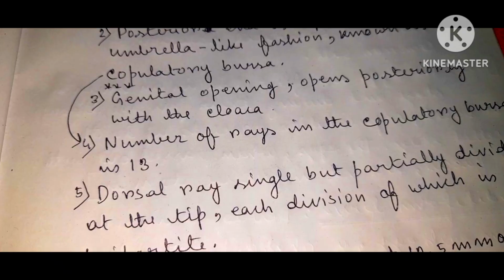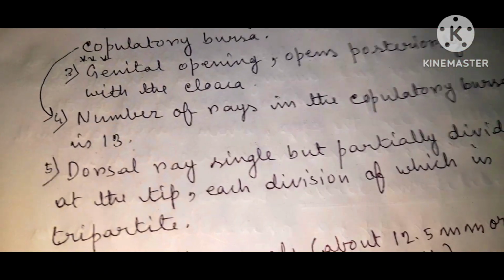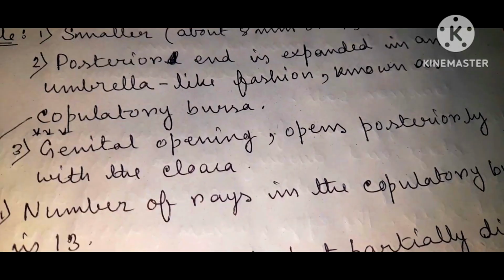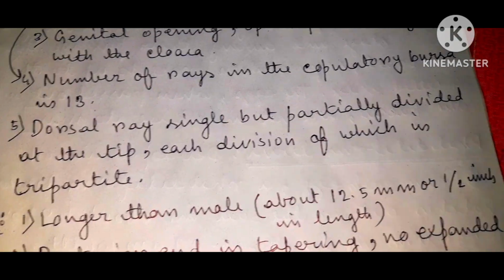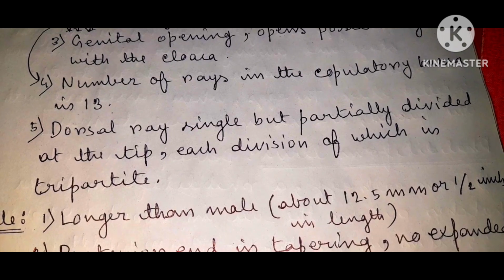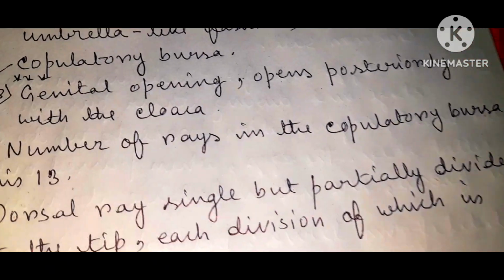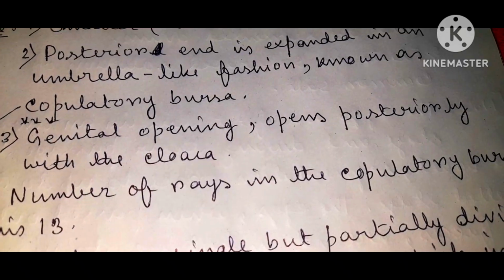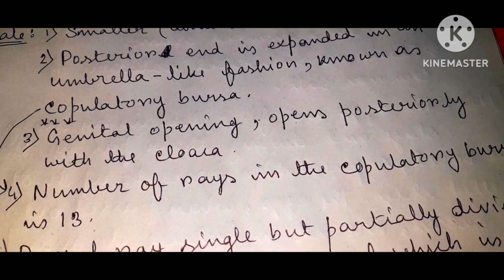Now the next point: number of rays in the copulatory bursa is 13. Next point: dorsal ray single but partially divided at the tip, each division of which is tripartite. Next and last point: genital opening opens posteriorly with the cloaca.